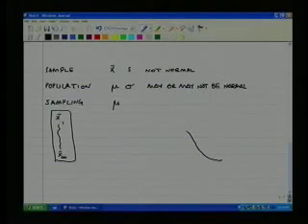Do you think they vary more or less than the population distribution? Let's imagine you've got the population distribution, and let's imagine for the moment that it's normal.